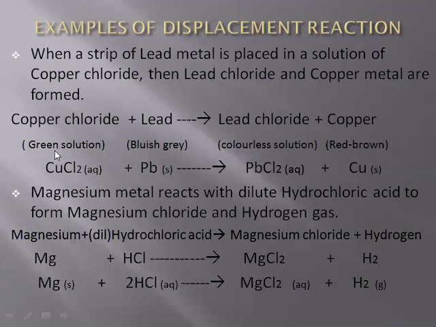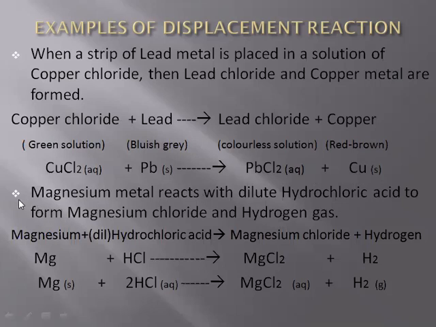Copper chloride, which is a green solution, because of the addition of lead, bluish gray, turns colorless, and the copper obtained is red-brown. The colorless solution is of lead chloride. The formula equation can be represented as CuCl2 plus Pb gives PbCl2 in aqueous solution plus Cu. (s) represents the solid state of copper.